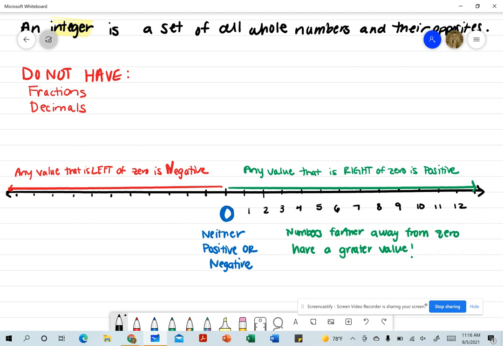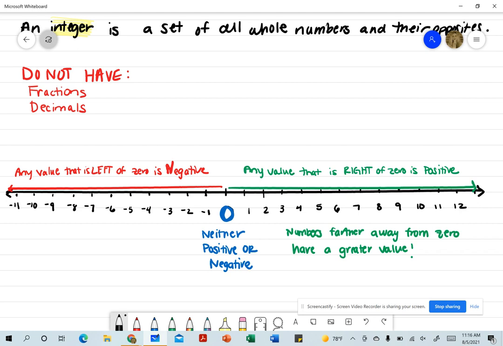So if this was 1, I put the opposite like a mirror on this side, -1. This was 2, -2, -3, -4, -5, -6, -7, -8, -9, -10, -11.